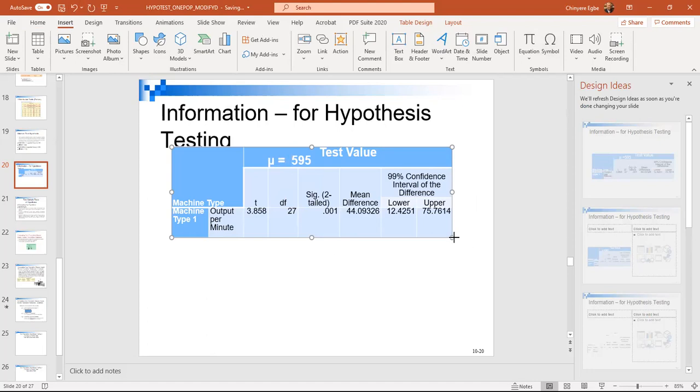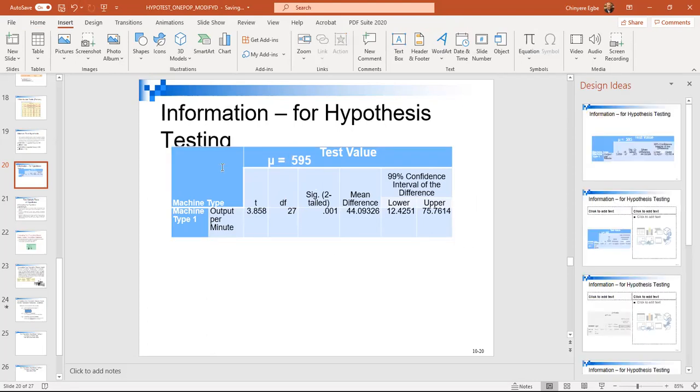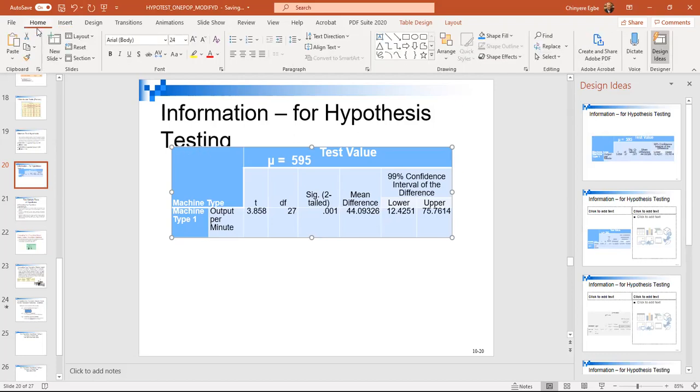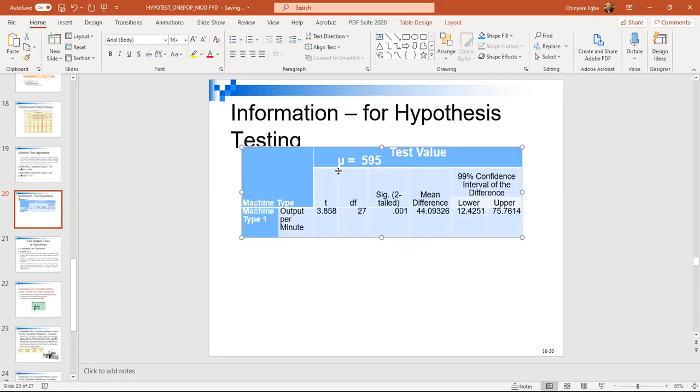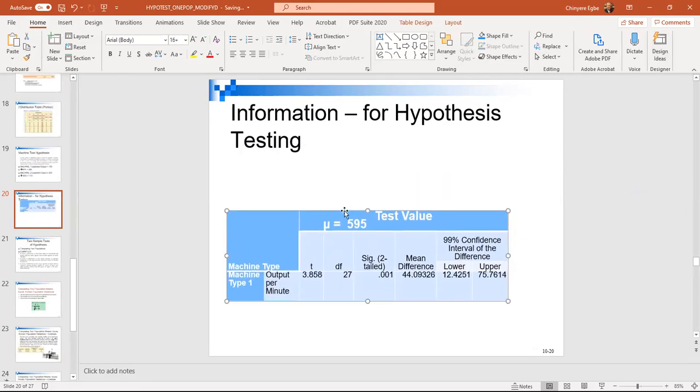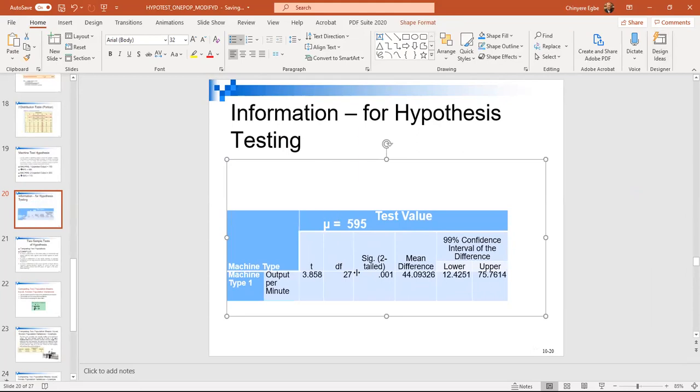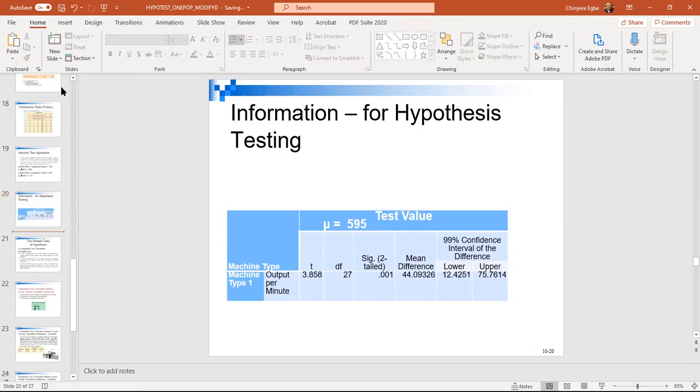Now the hypothesis that we're supposed to be testing, so we have to create another slide.